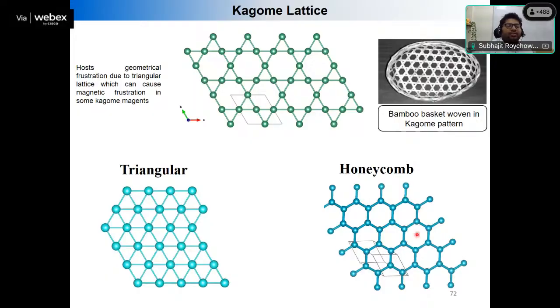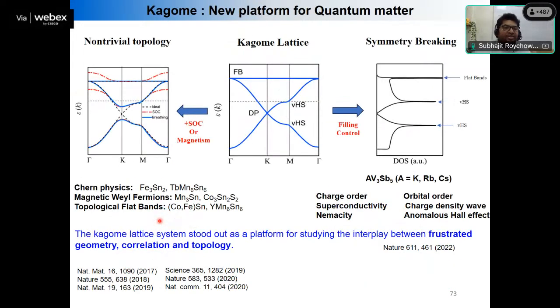Now the honeycomb lattice will give you the Dirac point. So what is the role of the triangular lattice? It will give you strong frustration in the system, so it will have a huge impact on its electronic structure. Now when you look at the Kagome lattice, it has a Dirac point, a band of singularity, as well as a flat band. If we can introduce strong spin-orbit coupling or magnetism, it can open up the band gap, and it will have several applications in magnetic Weyl fermions, Chern physics, and so on.